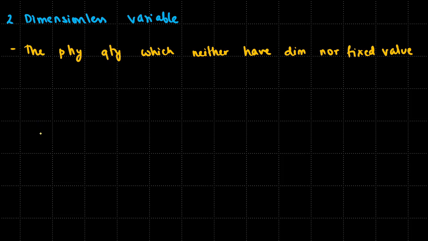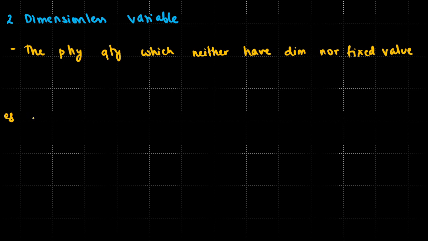One thing that will make it much easier for you to find a dimensionless variable is that whenever there is a ratio where the dimensions of the top portion and the bottom portion are the same, or both of them are dimensionless, it will lead to a dimensionless variable if it is a variable. So let's write examples.